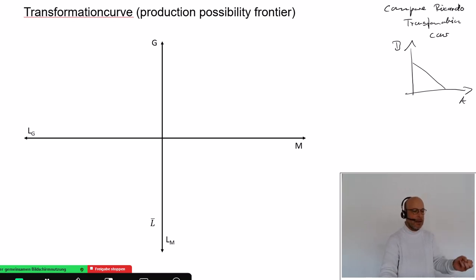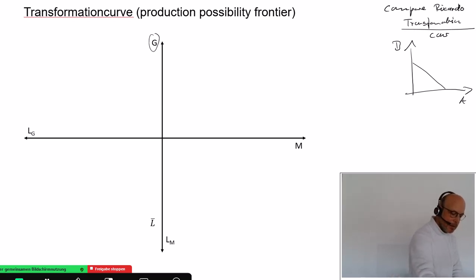How does our transformation curve now look like? And this we will in a minute have here in the left and the right upper quadrant. There we want to derive the dependence. How much do I have to decrease grain when I'm increasing machinery by 1 unit?